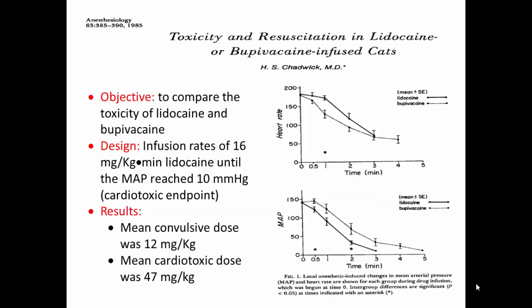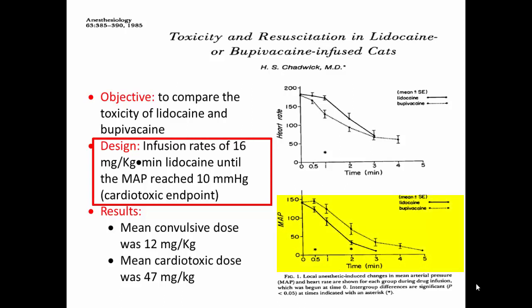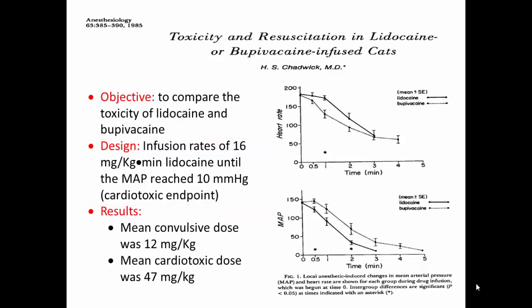Now, if we look, for example, at this one study that compared the central nervous system and the cardiovascular toxicity of lidocaine and bupivacaine in cats, they were infusing a whopping dose of 60 milligrams per kilogram per minute until the mean arterial pressure reached 10 millimeters of mercury, and they called that the cardiotoxic endpoint, at which point they started a resuscitation protocol, and I must say that that protocol was successful in all the 10 cats that were used.